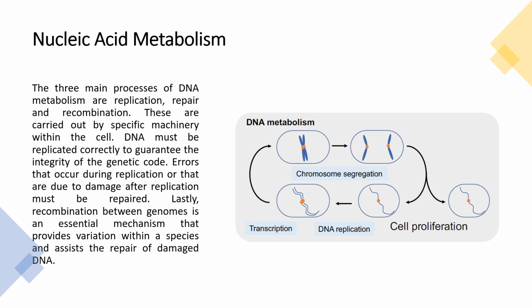Errors that occur during replication or that are due to damage after replication must be repaired. Lastly, recombination between genomes is an essential mechanism that provides variation within a species and assists the repair of damaged DNA.